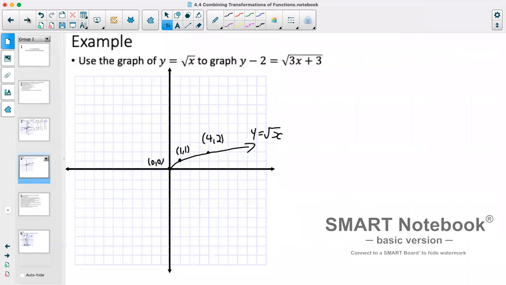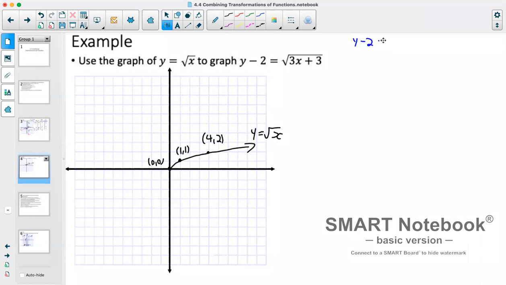Okay, next example, use a graph of y equals the square root of x to graph y minus 2 is equal to root of 3x plus 3. So first thing I would do is just take this equation and rearrange it.